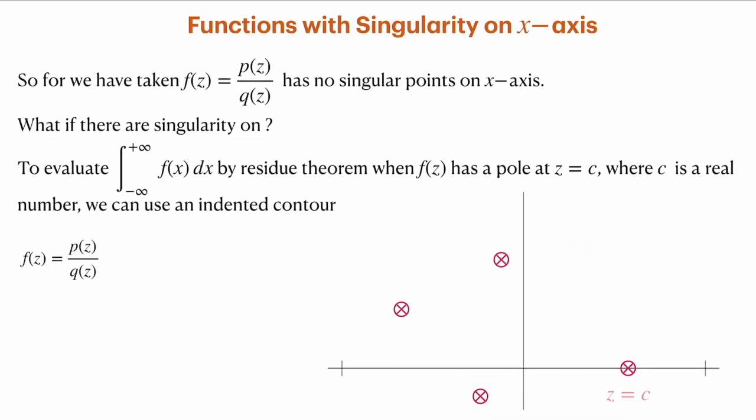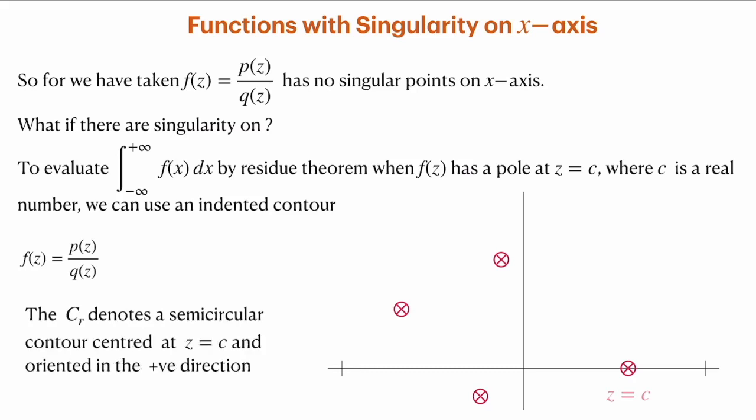So we have to use the technique of an indented contour. In the case of an indented contour, you use a semicircular contour C_r centered around z = c and oriented in the positive direction.